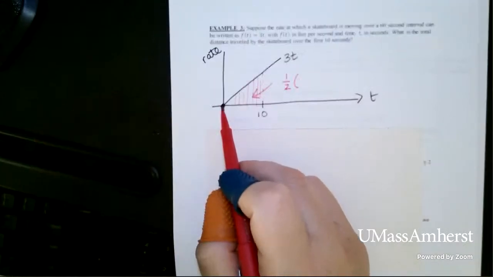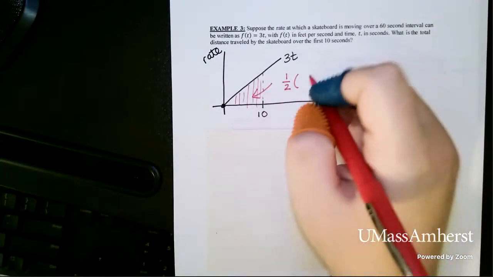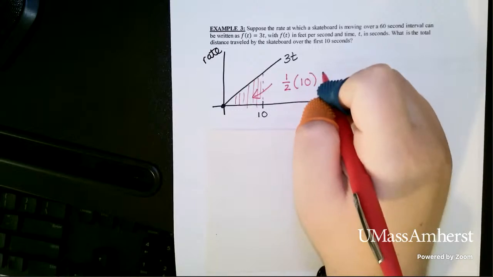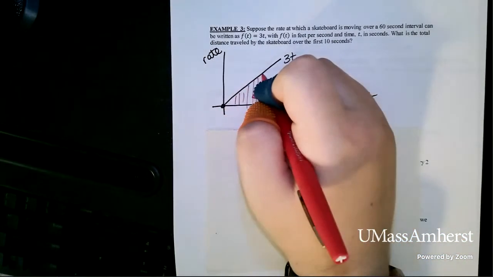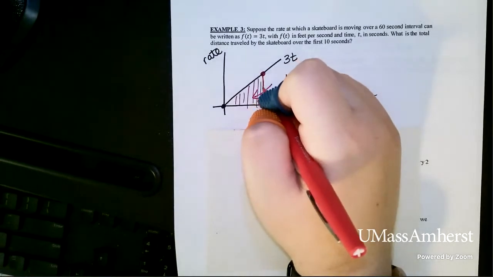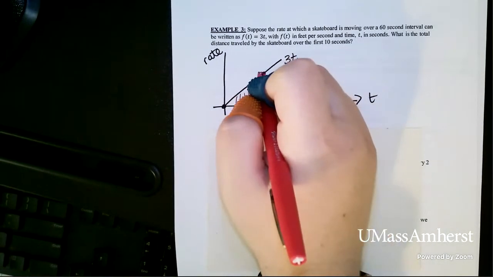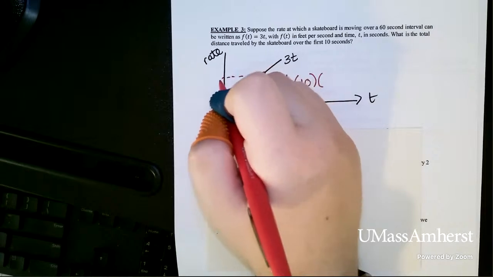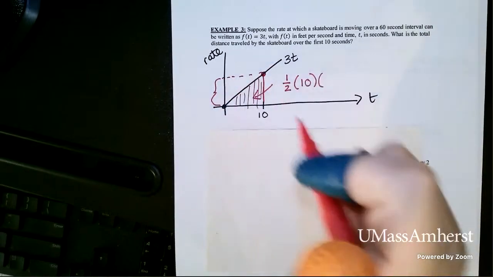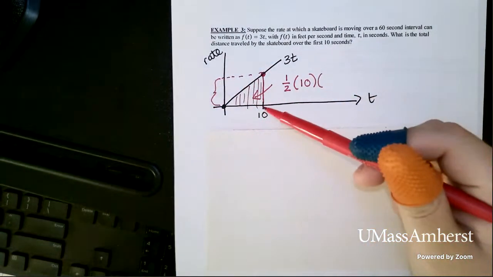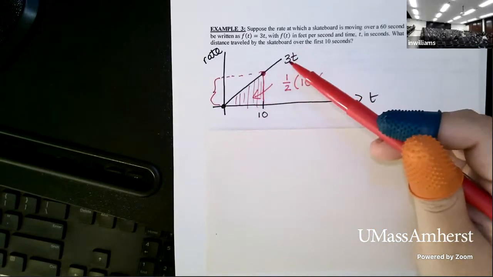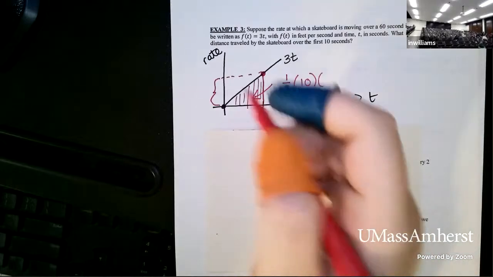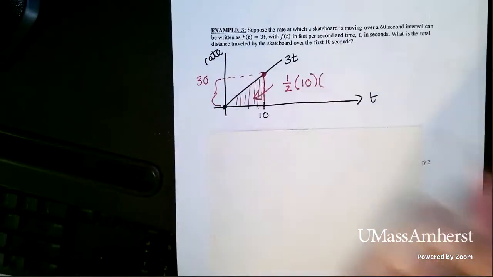Now my base goes from 0 to 10, so my base is 10, but then I have to multiply by the height. And so the question is, do I know this particular height? And the answer is yes, because this height is the y value if I plug a 10 into my function. So times 10 is going to give me a height of 30.